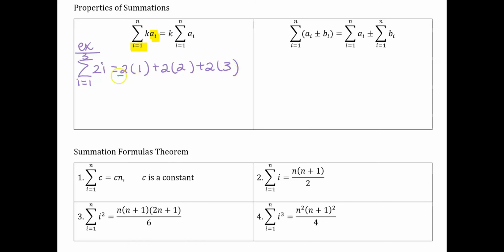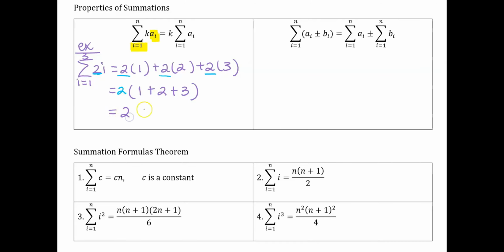Now, noticing all three of these terms have a factor of 2 in them. And all of those 2's are coming from this 2 that was in our a sub i on the inside of that summation. And so we can pull this 2 out from all three of those terms, and that would leave us in parentheses with 1 plus 2 plus 3.